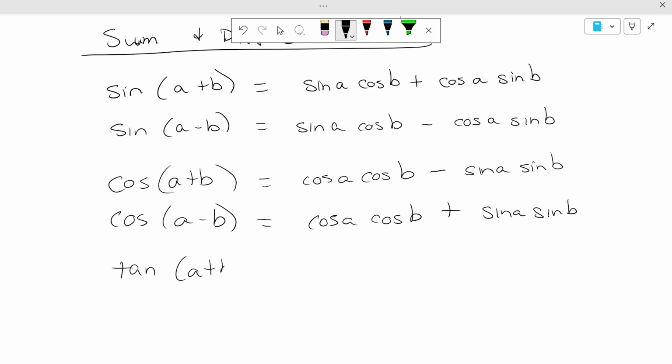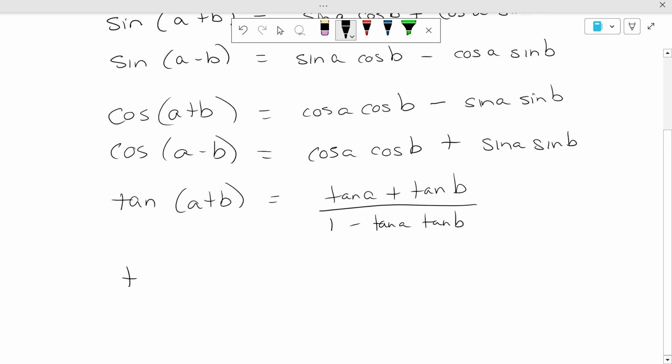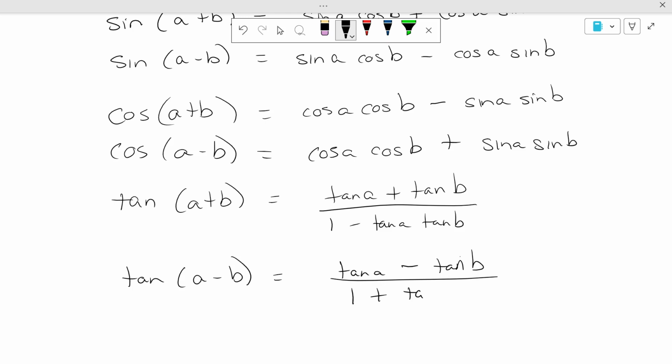Tangent of A plus B is tangent of A plus tangent of B all over 1 minus tangent of A tangent of B. And tangent of A minus B is tangent of A minus tangent of B all over 1 plus tangent of A tangent of B. Okay, those are your 6 formulas that go on your note card.